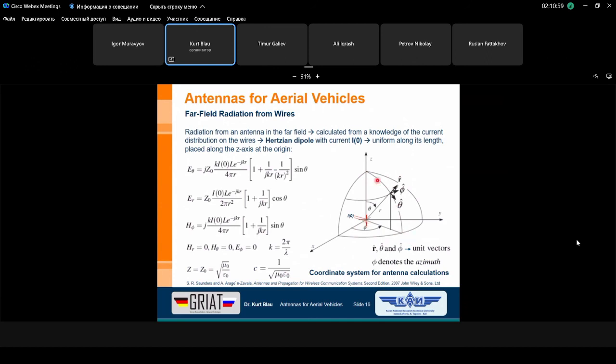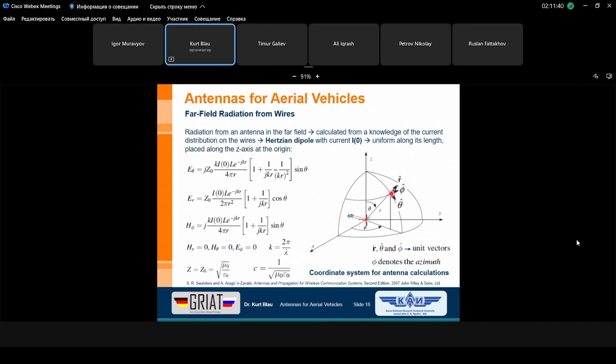But if we look from this point at the dipole, then we can see nothing, because there's no length where a current is flowing and where a current can radiate anything. And only in this plane we can observe an electromagnetic field or a component of the E field in this direction. And perpendicular, meaning in the phi direction, we can observe or measure also the magnetic component of this electromagnetic wave.